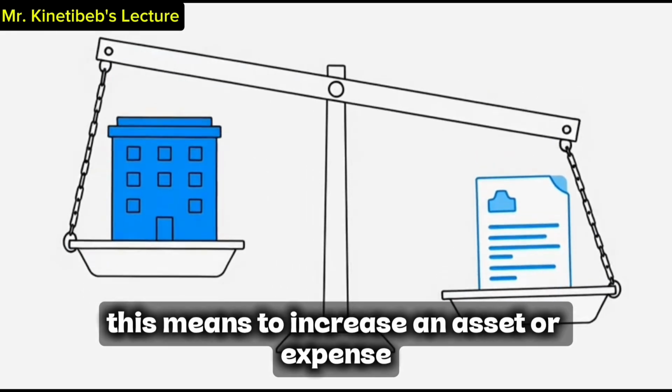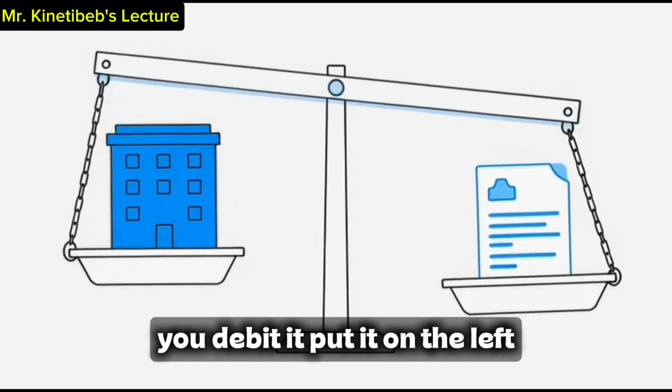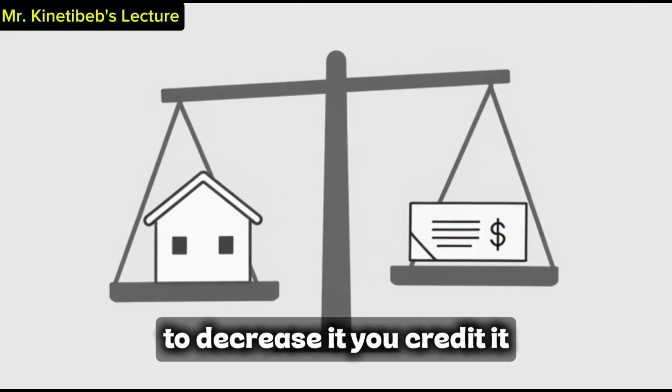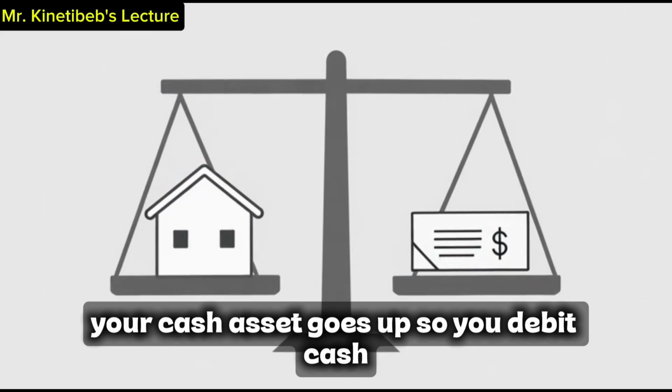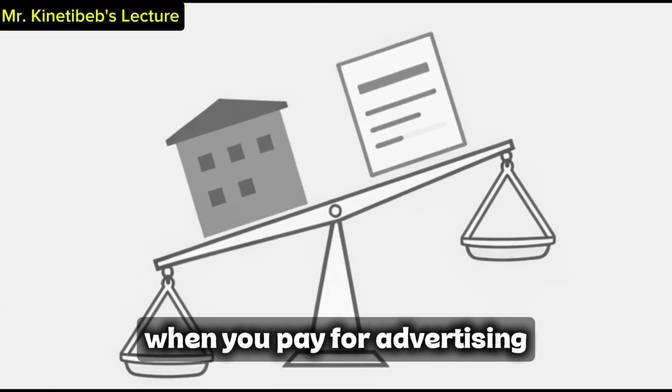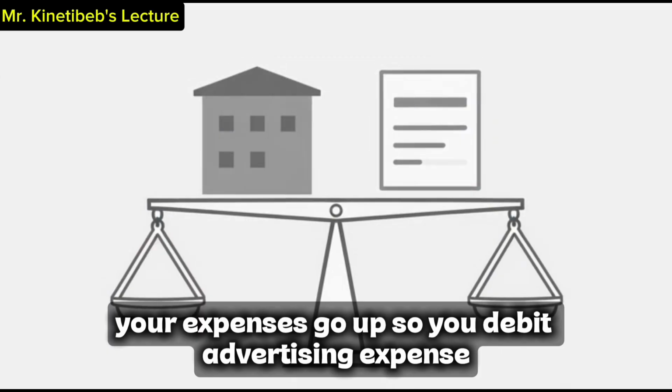This means to increase an asset or expense, you debit it, put it on the left. To decrease it, you credit it, put it on the right. When you get cash, your cash asset goes up, so you debit cash. When you pay for advertising, your expenses go up, so you debit advertising expense.